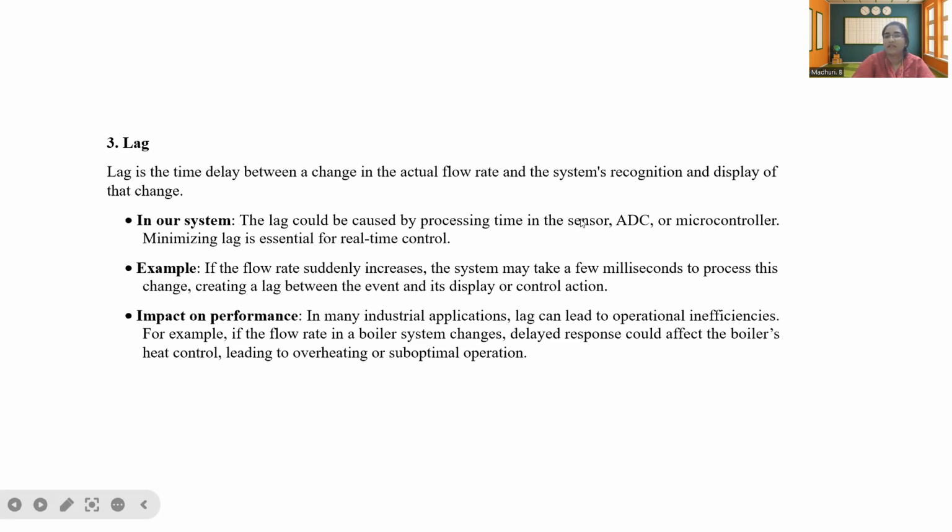If there is a lag in the sensor and the analog to digital conversion, the decision taken by the microcontroller will also vary. Therefore, there will be a lag. If we are considering a chemical or a power plant, the boiler's heat control is affected, and overheating will take place. Sometimes we cannot control the system if it goes out of range due to the lag. So these are the problems due to the lag.